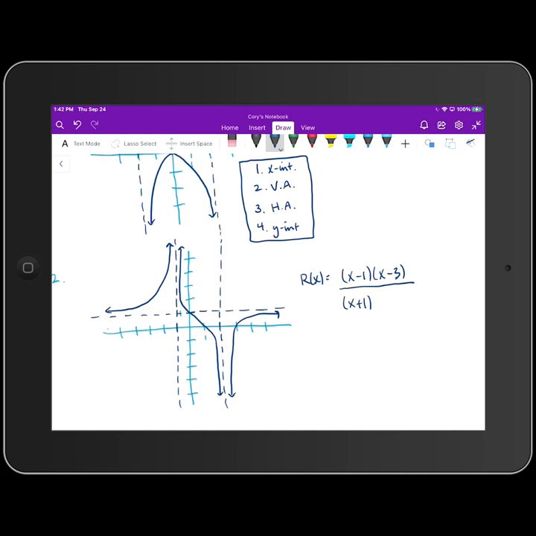So as we approach -1 from the left-hand side and from the right-hand side, both sides go to positive infinity, which means that the exponent for that factor has to be even. Okay, that 0 on bottom has to have an even multiplicity.